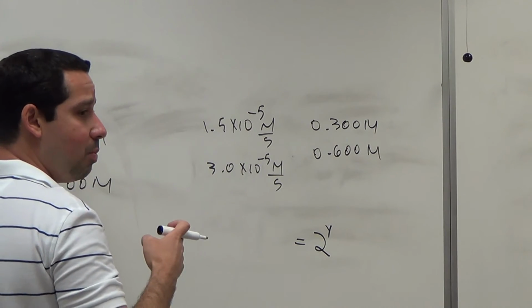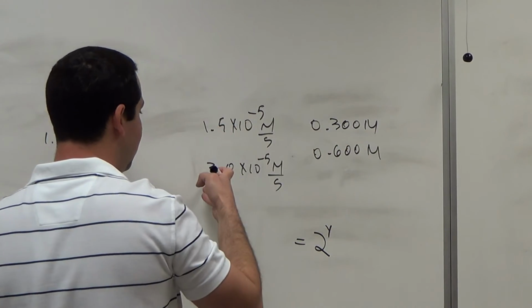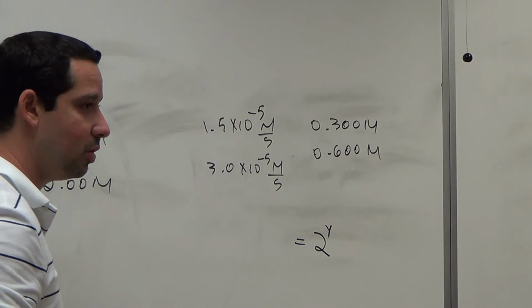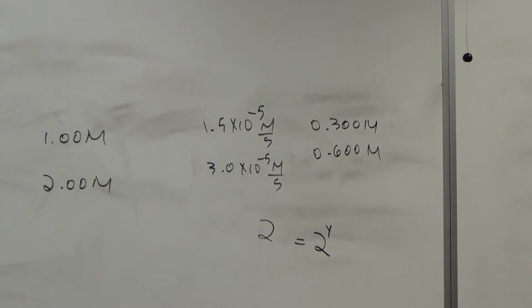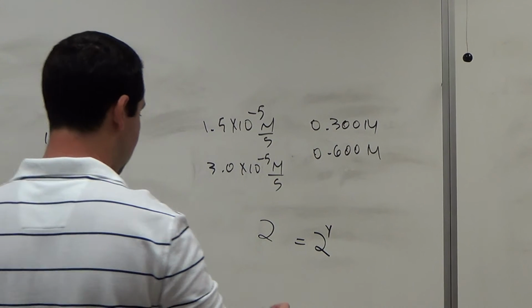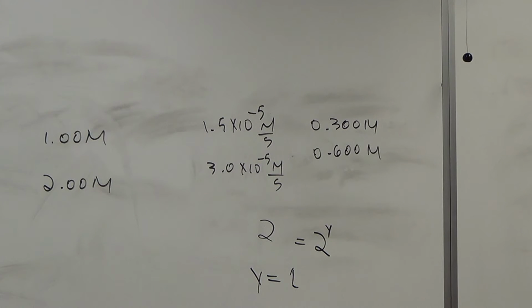It might not be easy numbers, so you divide big number by the little number, so you divide 3 by 1.5, what does it give you? 2. And 2 equals 2 to the y, y is equal to what? 1, yes? So this is what order? First order. And the other one is 0th order. How's that, guys? Is that good?